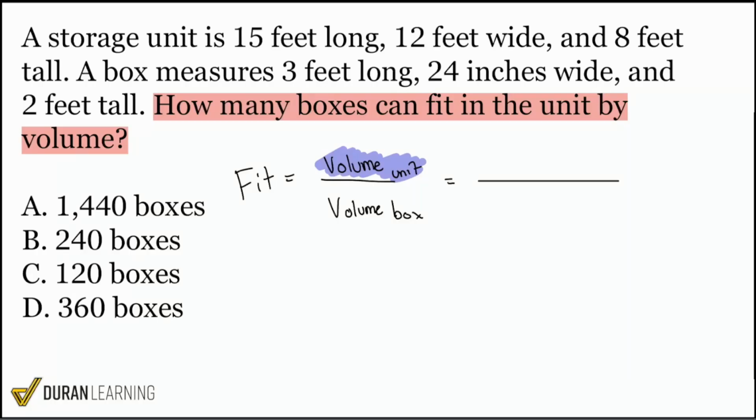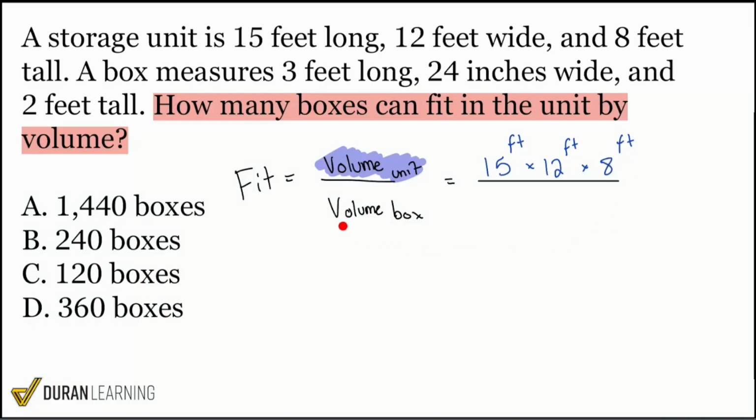And when we do that, we'll have 15 feet multiplied by 12 feet multiplied by 8 feet. If we wanted to, we could absolutely just multiply these first straight up. But one thing you're going to see is that that's going to take a lot of time that we really don't need to spend. So hold that thought right here.